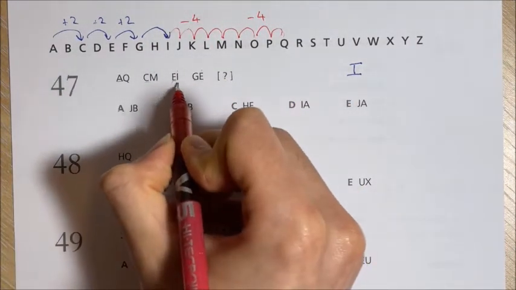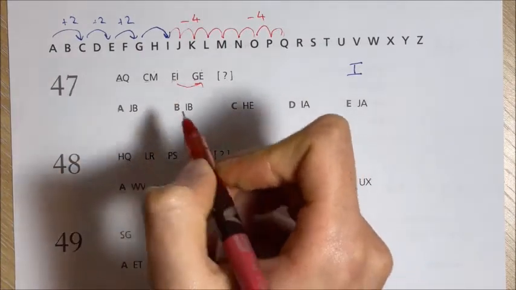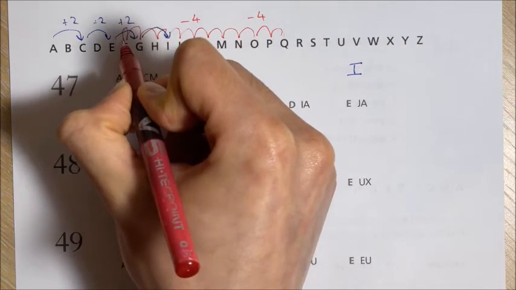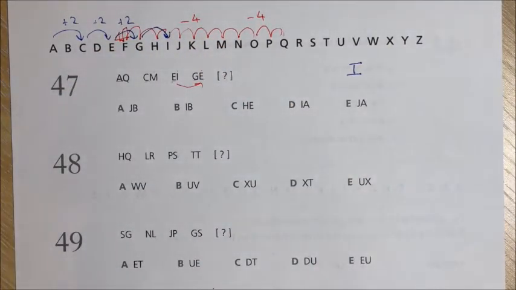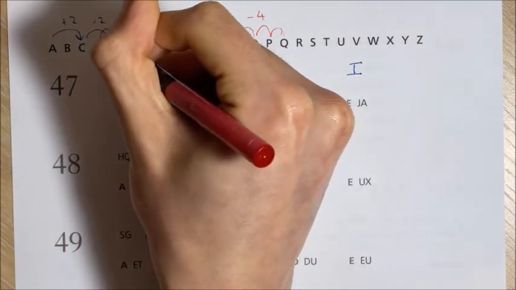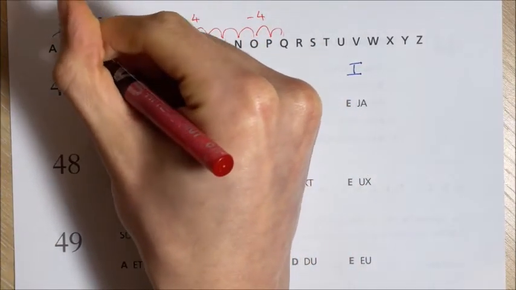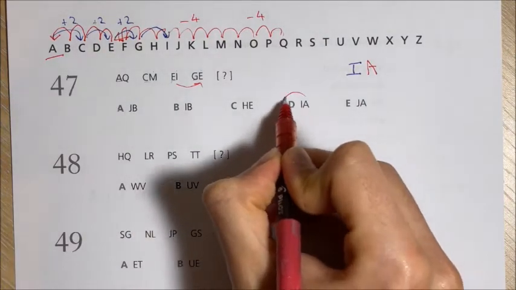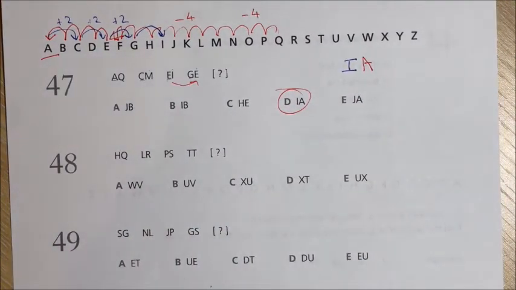And so we move to the next pair of letters, which is again 1, 2, 3, 4 steps back. And if we count another 4 steps back, we'll go 1, 2, 3, 4 and arrive at the letter A. So our answer must be IA, which is one of the options down here.